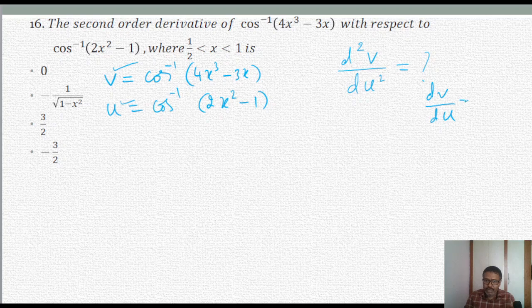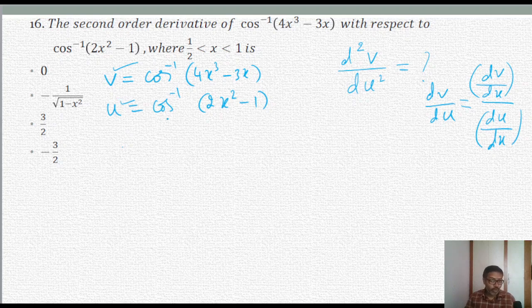Because these two are functions of x, we'll divide numerator and denominator by dx. So we'll get dv by dx divided by du by dx. Now take the ratio, that will give you dv by du, then again differentiate with respect to x to get the second order derivative. Now how will you find dv by dx and du by dx?